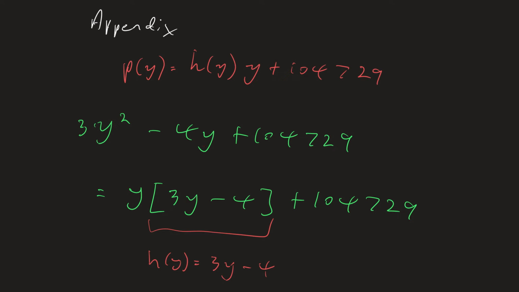I just remove one y from each term. So 3y squared divided by y gives me 3y, and 4y divided by y gives me 4. Therefore 3y squared minus 4y can be written as y times (3y minus 4). And in general, for any polynomial with this as its constant term, in any other term I can remove 1 degree from the y, so to speak, and therefore write it as some polynomial h of y times y plus that.